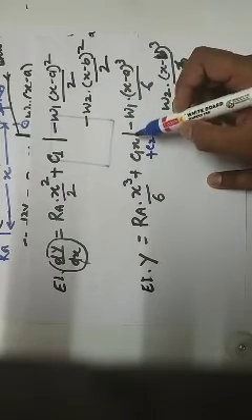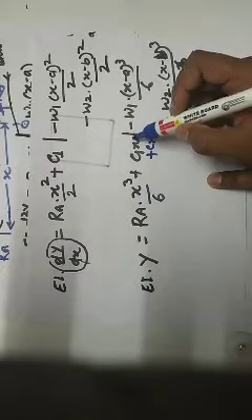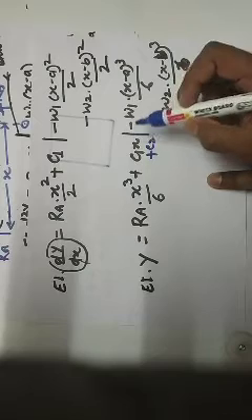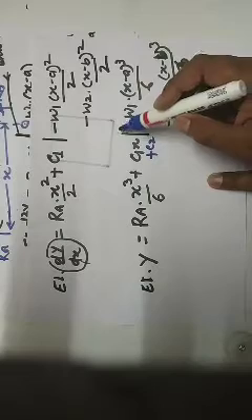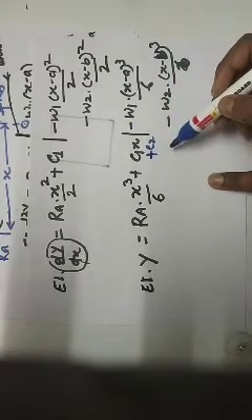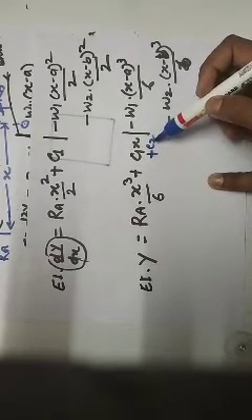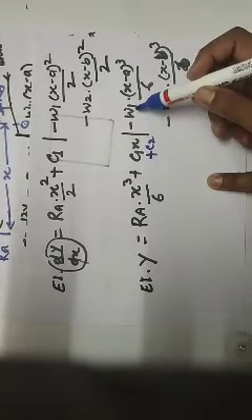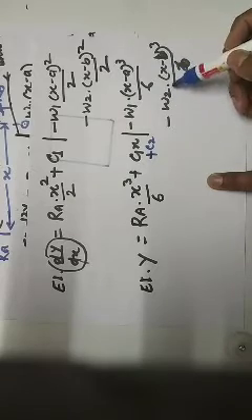You have to be very cautious when you write the integration constant: always write the integration constant before the Macaulay bracket. Then there will be terms: Ra x cube by 6 plus C1x plus C2. Then there is the Macaulay bracket: minus w1 x minus a whole cube upon 6, minus w2 x minus b whole cube upon 6.